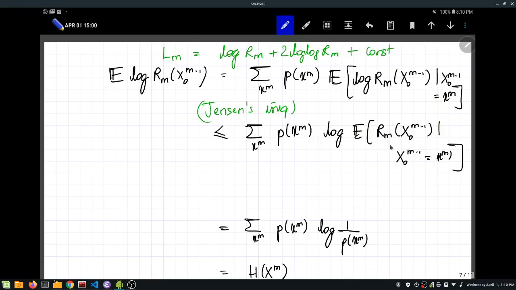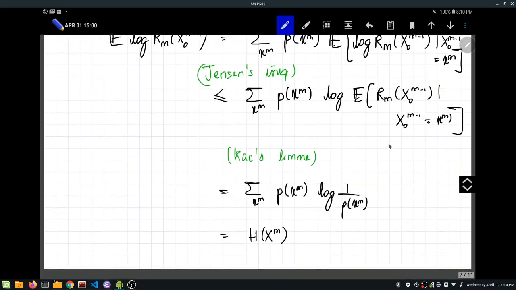But from Kac's lemma, this quantity, the expectation of R_m given x_0 to m minus 1, is simply 1 over p of x_m. And what is this quantity? This is simply the entropy of x.